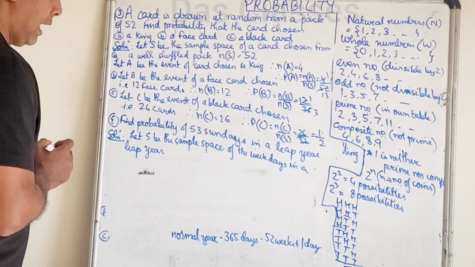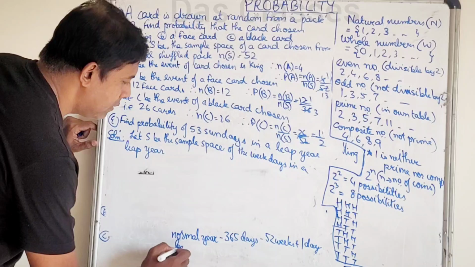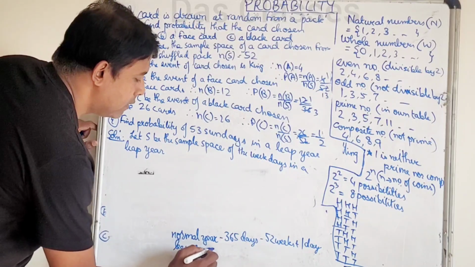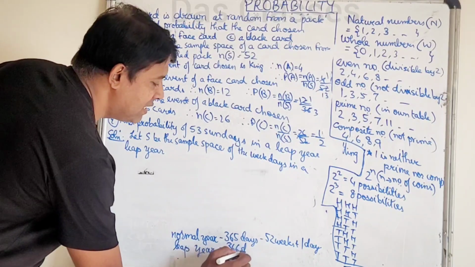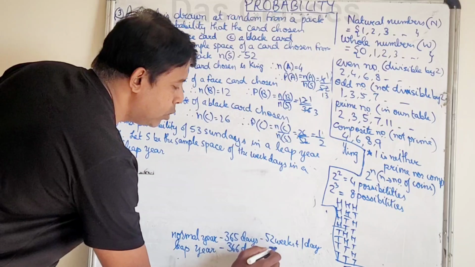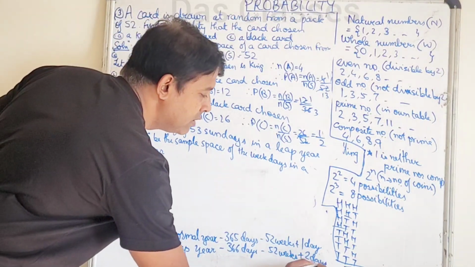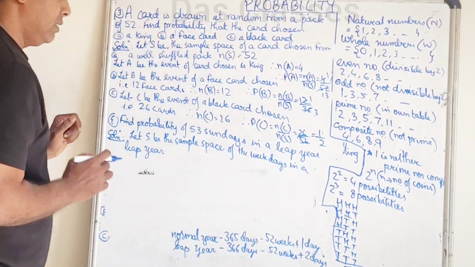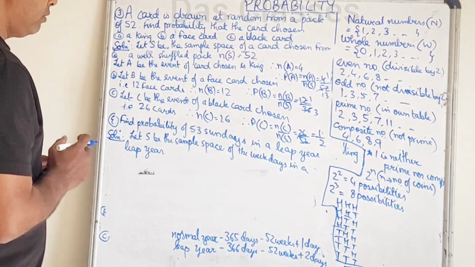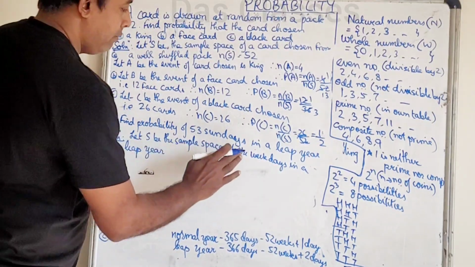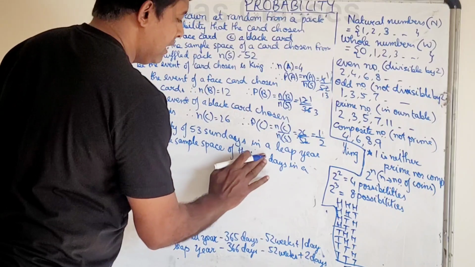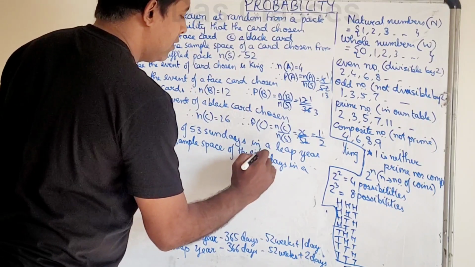And in case of a leap year, there is 366 days. That means 52 weeks plus 2 days, 2 extra days. So now let S be the sample space of the extra days in a leap year.